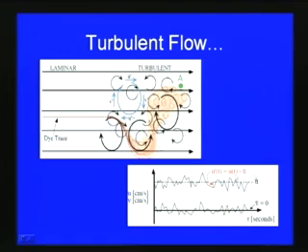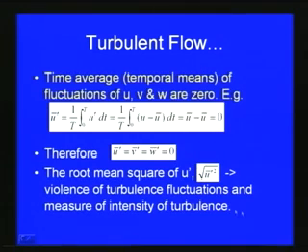There is a mean value of u which is called u bar, and the mean value of v in y direction, v bar, and we are expressing the turbulence with respect to this mean velocity. The fluctuations go up and down due to the various disturbances taking place in the flow. These are called the fluctuating components for u and v, and we express them as the mean component plus the fluctuating component.